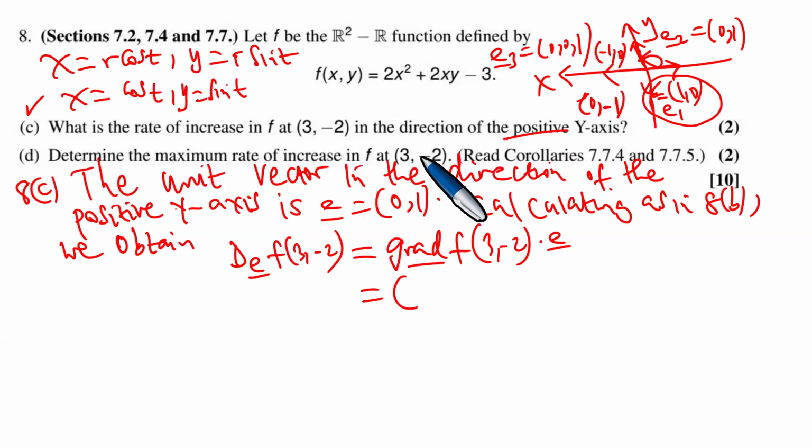For example, this one is going to be pi over 2, because this is pi over 2 radians, 90 degrees at the top. So with these, you can always get the correct answer.